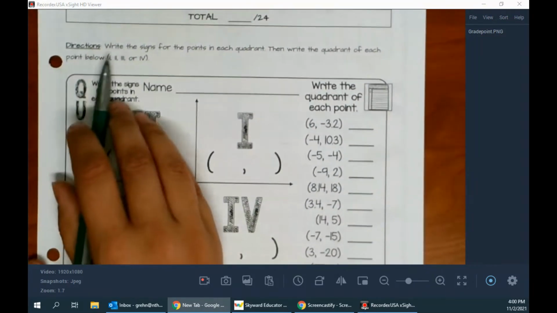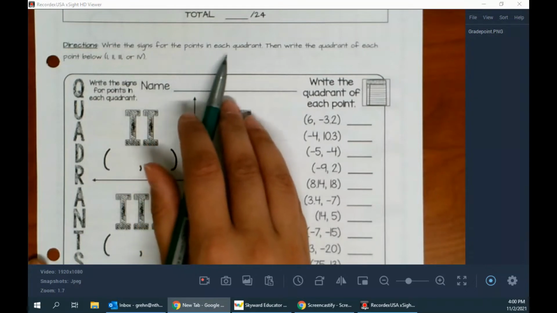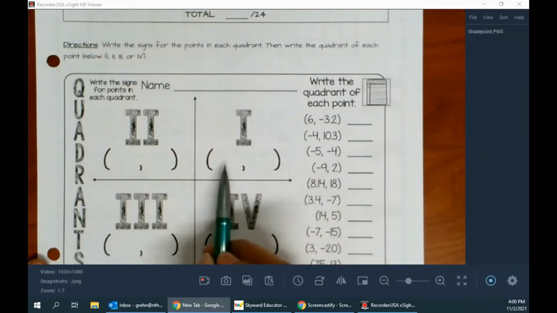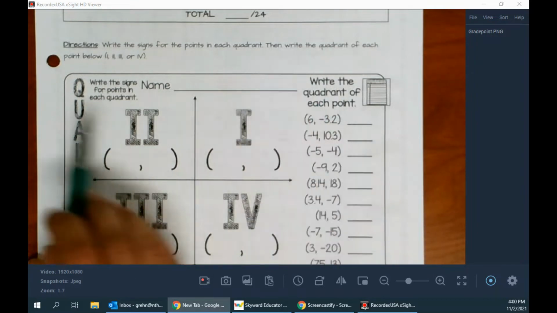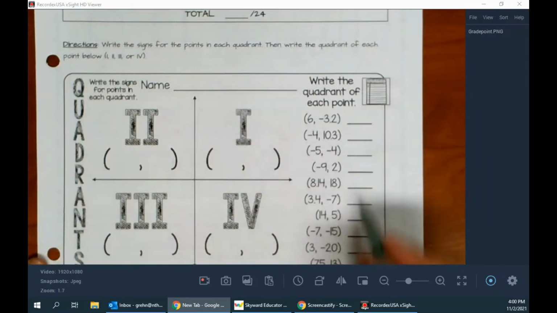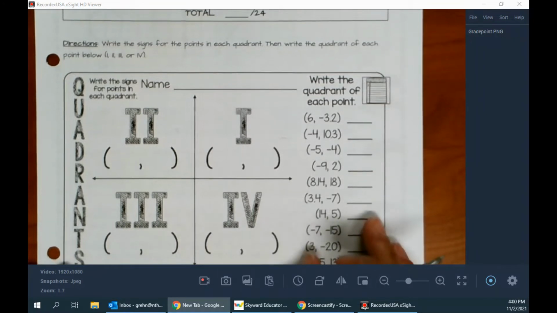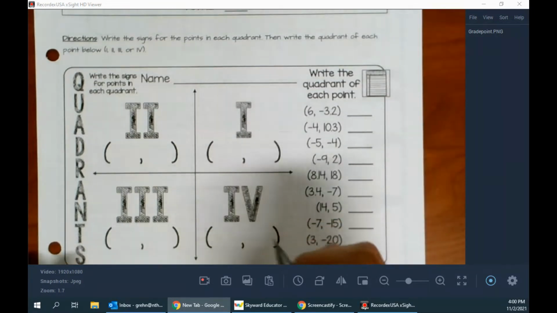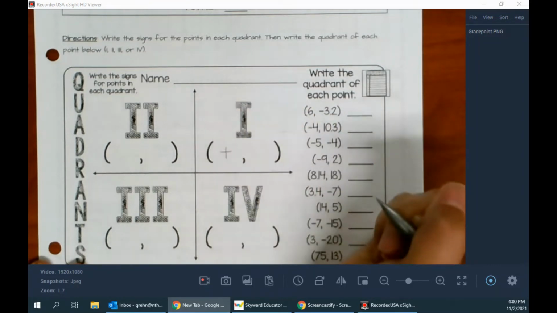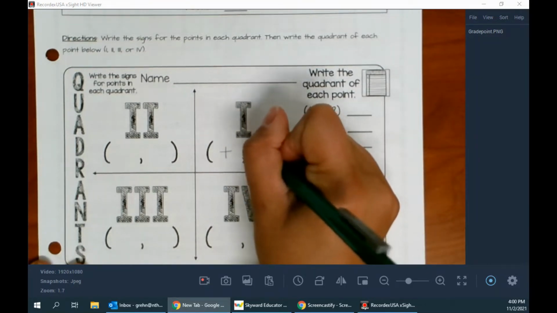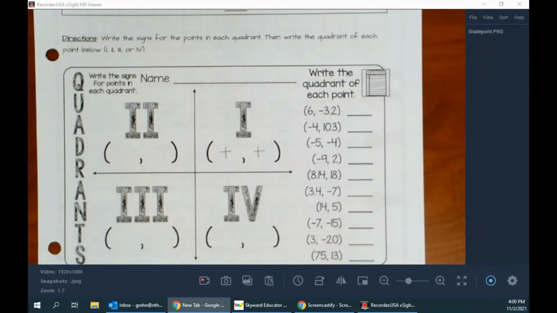The directions say to write the signs for the points in each quadrant. So in these spaces below, you're going to put the signs. Then you're going to write the quadrant of each point below, so over here. For example, and you can use your notes to help you with this, I know that in quadrant 1, the x-coordinate is always positive, and the y-coordinate is also always positive.